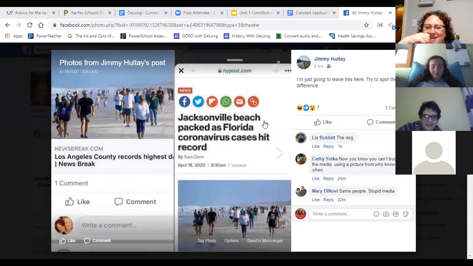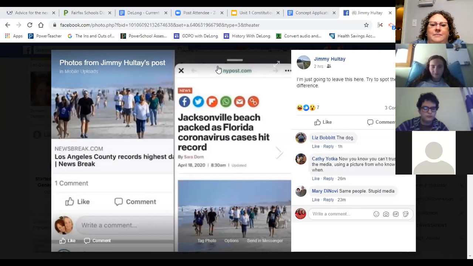All I can say is the one on the right does not look like any Florida beach I've ever been on. But we've got to be careful, don't we? I was seeing all those pictures like, look at all those crazy people in Florida. And now I'm like, maybe it's not so bad in Florida.